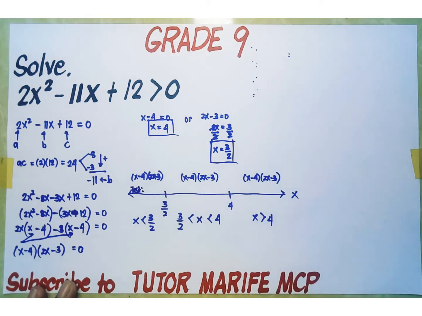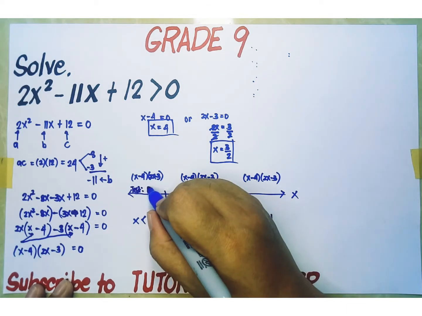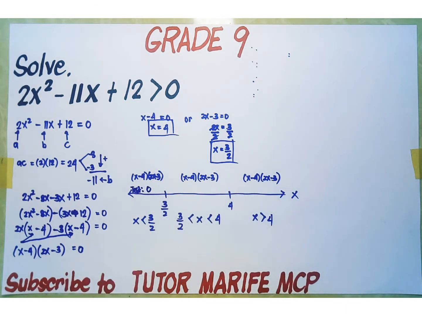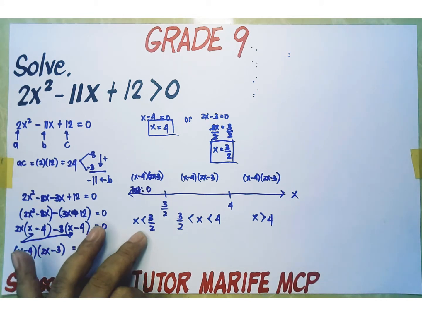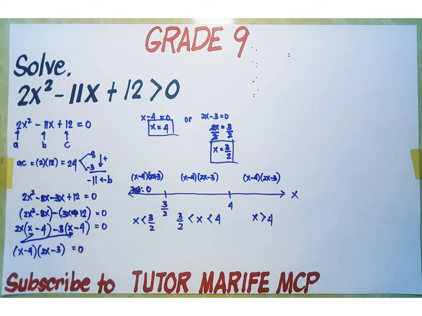So for the first interval, I will choose 0. 0 is less than 1 1/2. You can also choose 1. Any number as long as it falls under x less than 3 over 2.